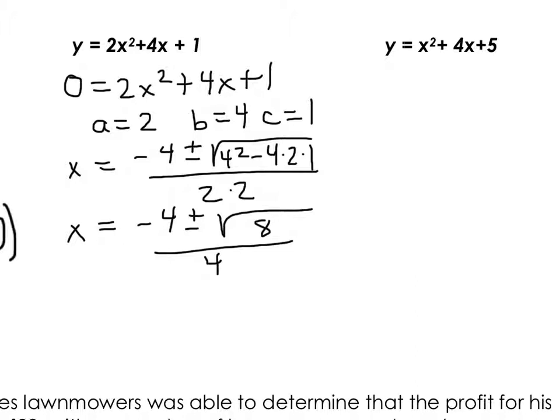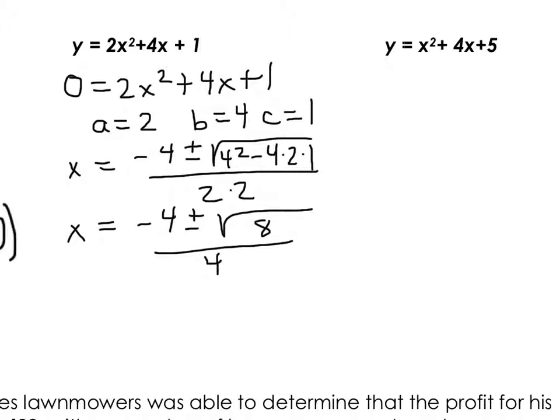I'd like to use my calculator to find a decimal approximation, because if I need to graph that, I will need a decimal approximation. I'm not going to have much luck graphing -4 plus or minus the square root of 8 over 4.